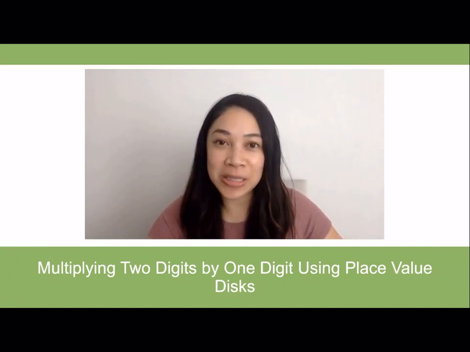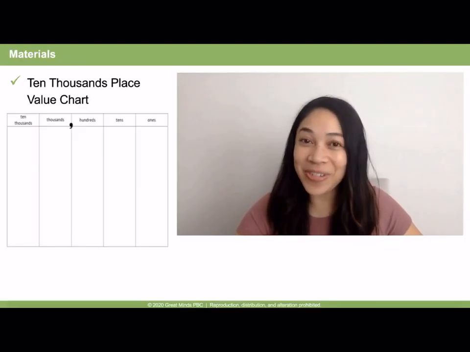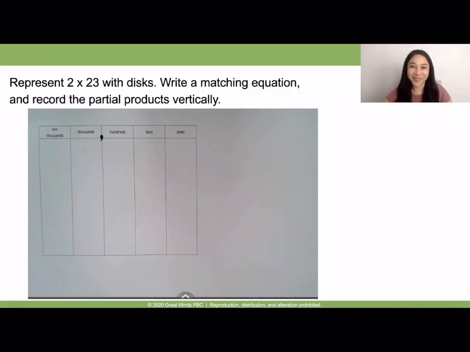Today we will be multiplying two digits by one digit while using place value discs. Here's what you'll need for today's lesson. Let's get started. Use your place value chart and draw discs to represent the number 23.